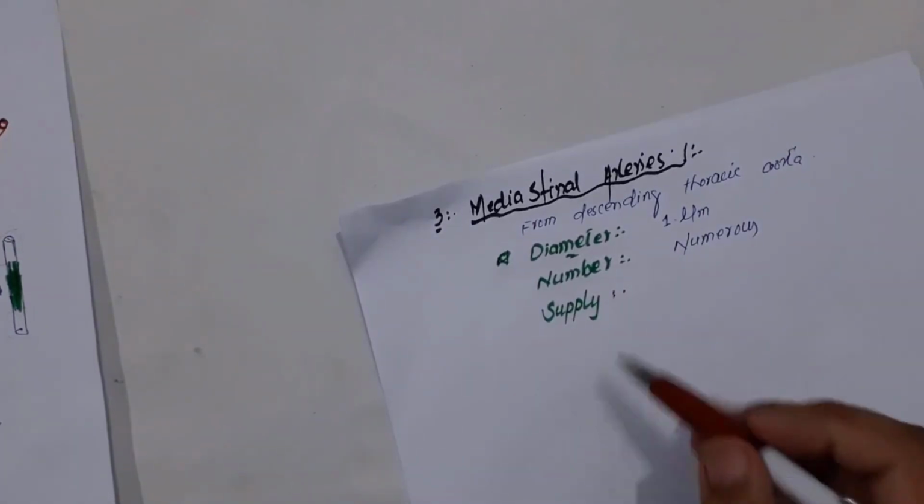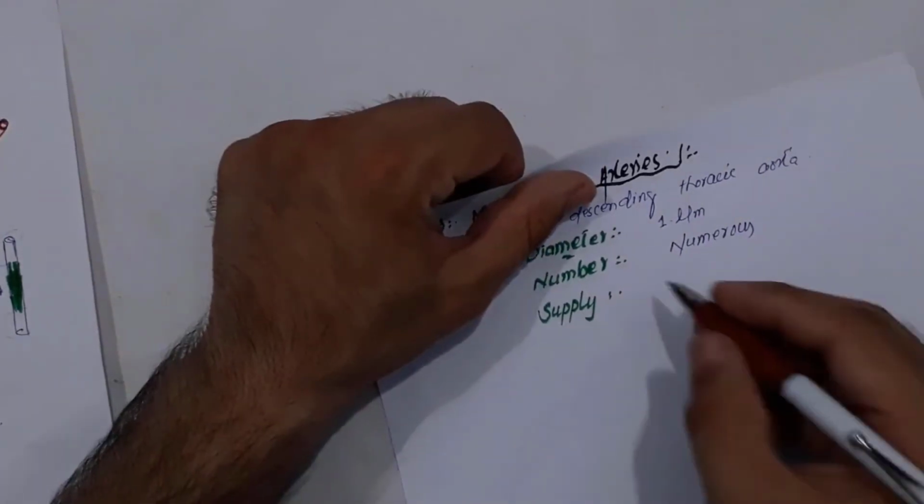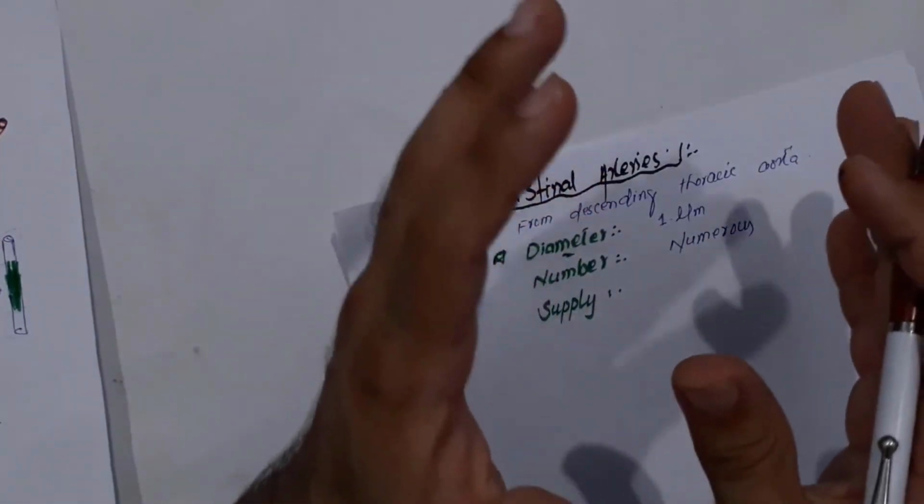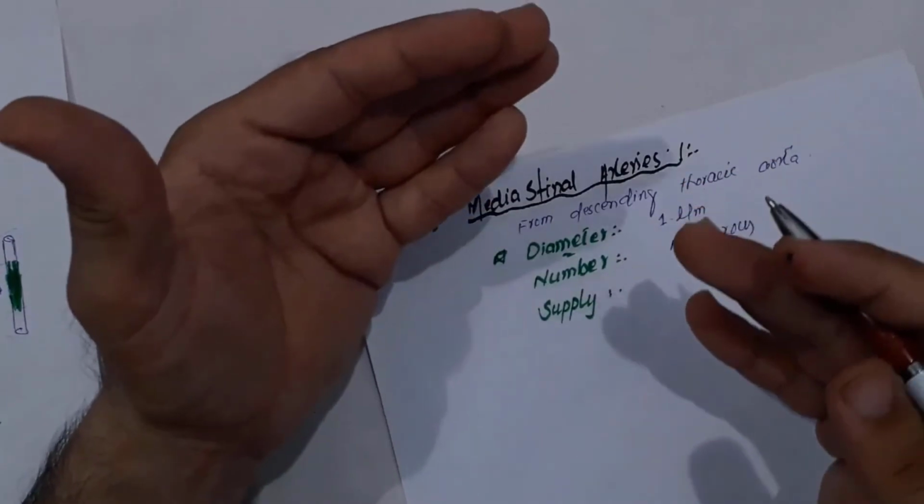What do they supply? So they supply the lymph nodes and the alveolar tissue which are present in the posterior mediastinum, right?